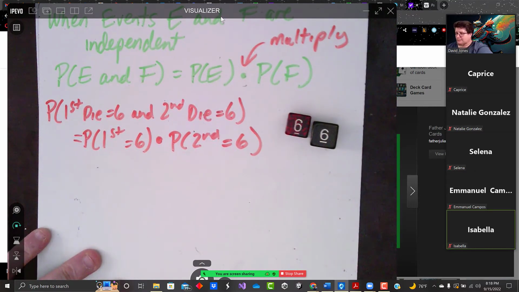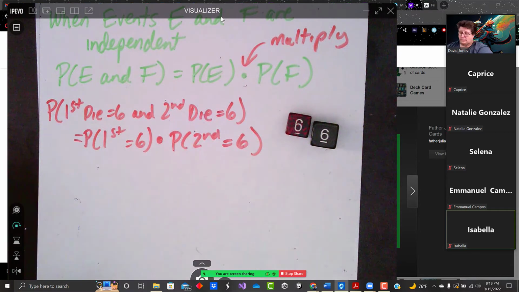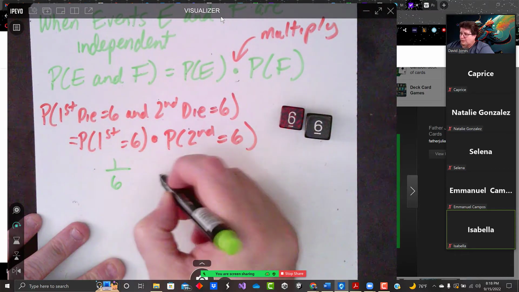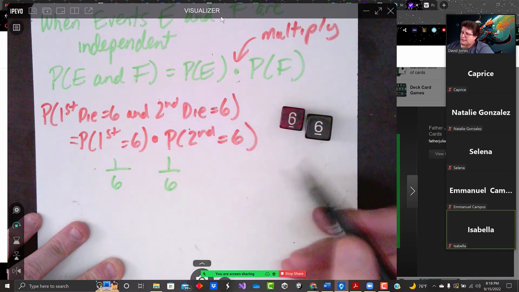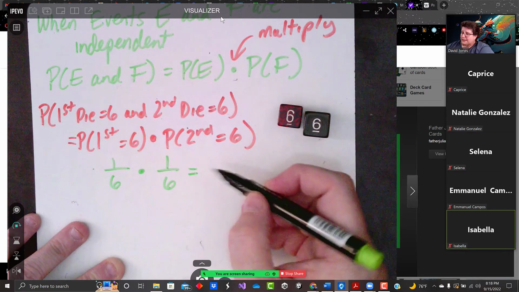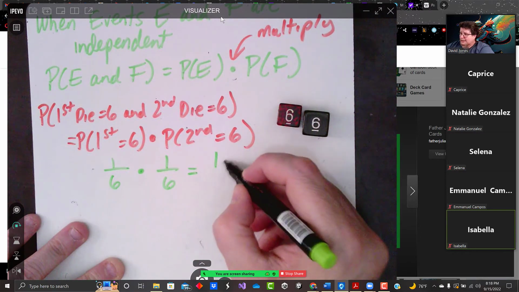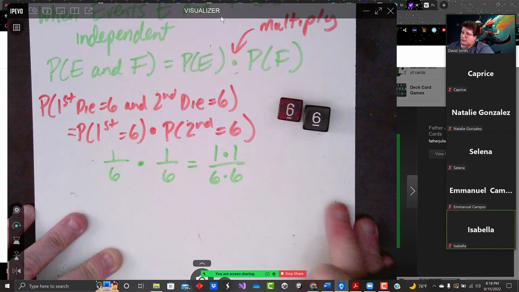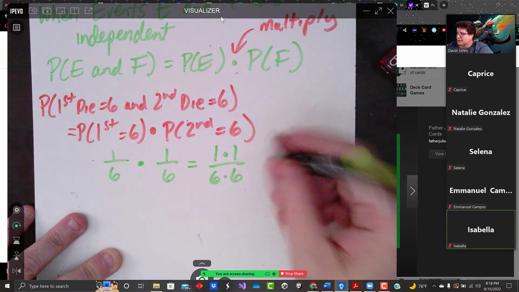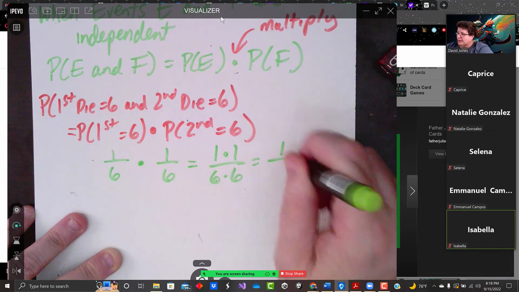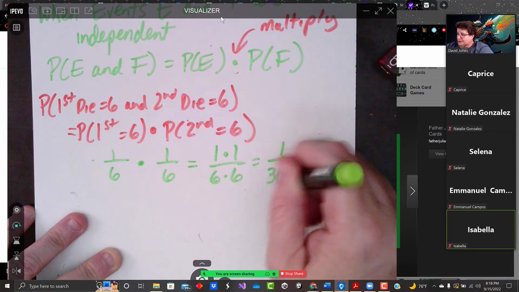There are 6 outcomes on each die. Only one of them is a 6. The probability is the same on both dice. It's 1/6. And when you multiply fractions together, you multiply the tops together and you multiply the bottoms together. So 1/6 times 1/6 equals 1 times 1 on top, which is 1, and 6 times 6 on bottom is 36.